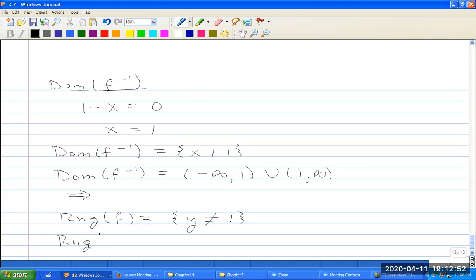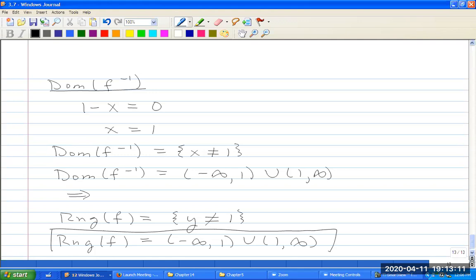And so the range of f, again, is just minus infinity to 1 union 1 to infinity. And that is your range and your domain.